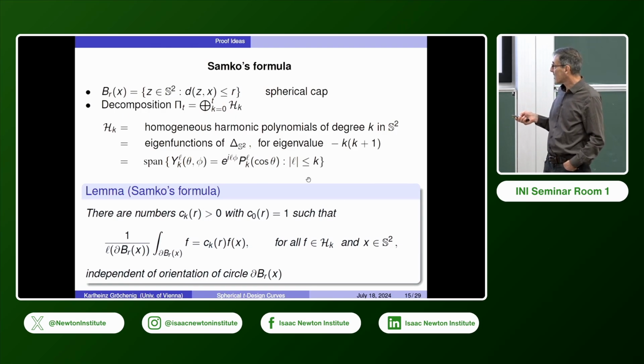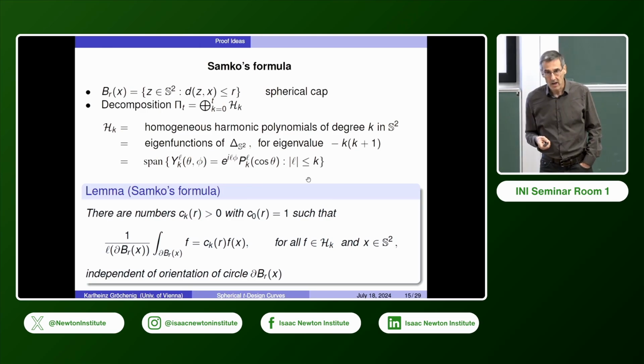But this formula is independent of a particular polynomial, and it's independent of the center. So the normalized line integral is related to point evaluation.